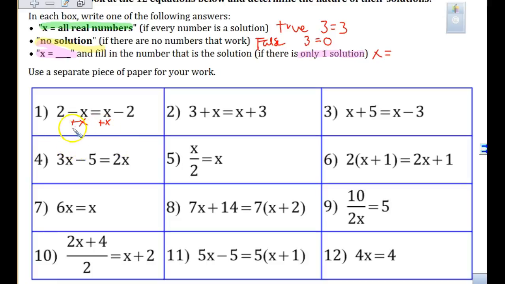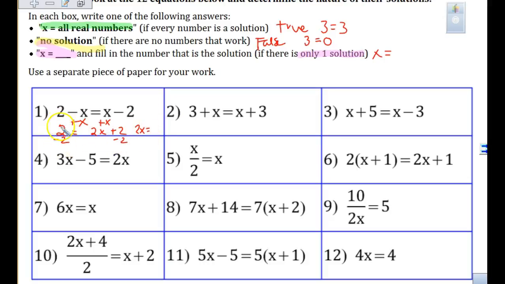Okay? So if we add X, 2 is equal to 2X plus 2. What would you do next? Subtract 2. And at this point I'm going to have 2X equals what? 2X equals 2.